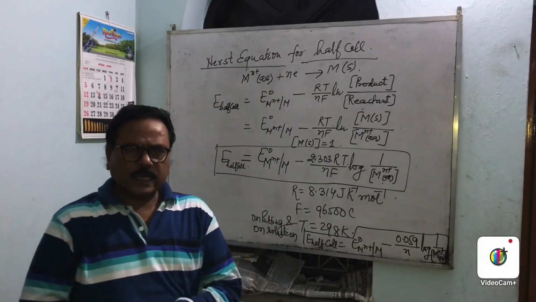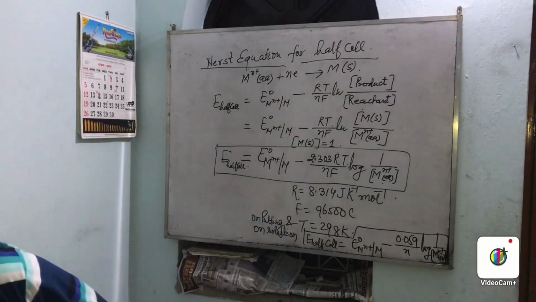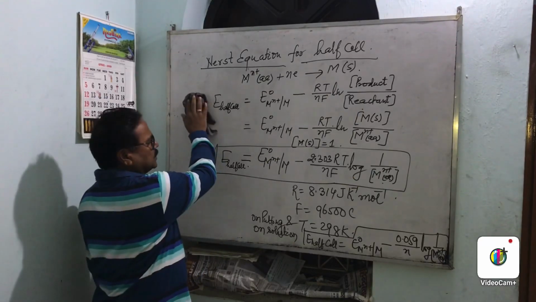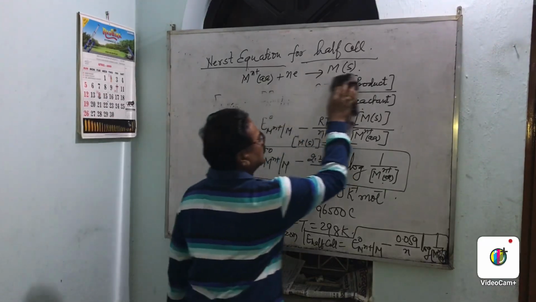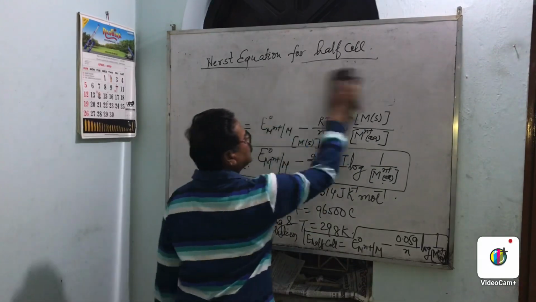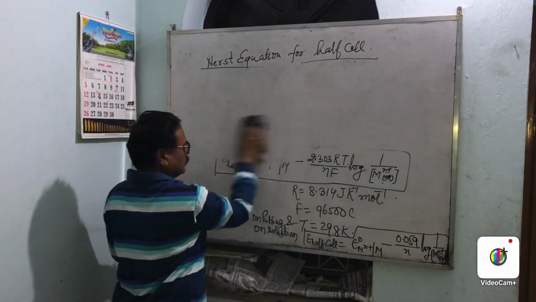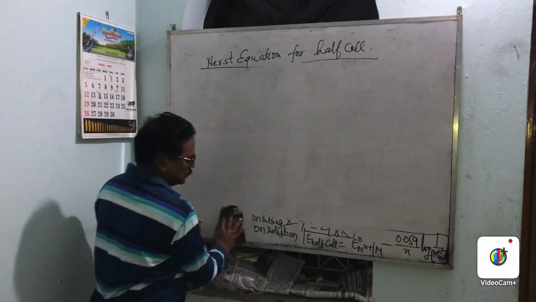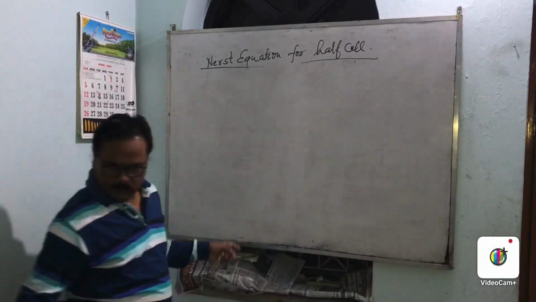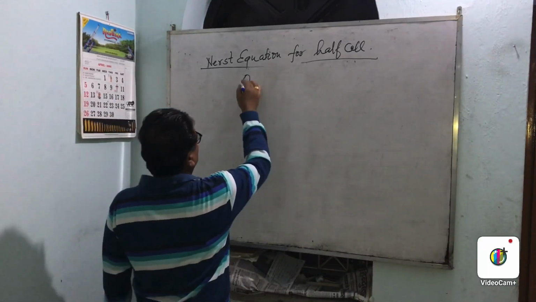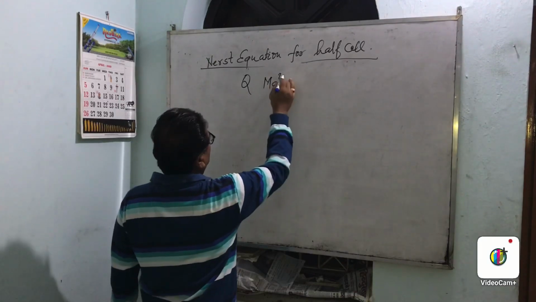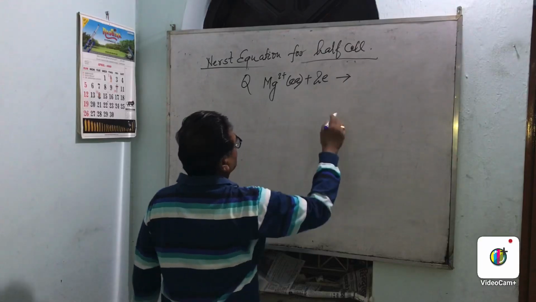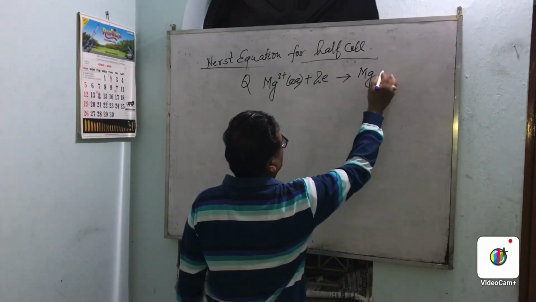So if the question asks to calculate the value of the half cell, this is its application. Let us see its application. Question: suppose Mg2+ aqueous plus 2 electrons gives Mg solid.